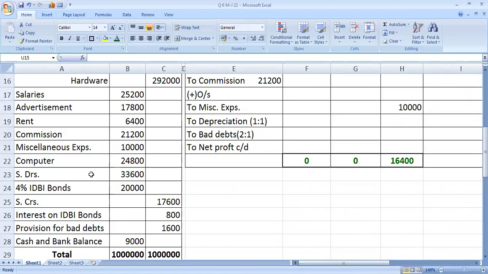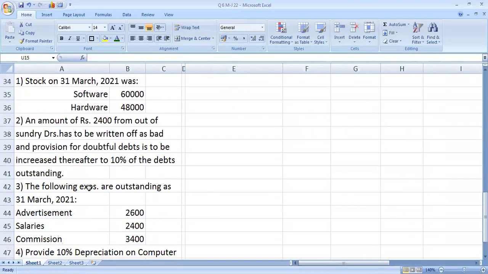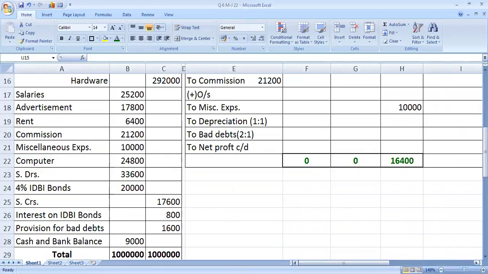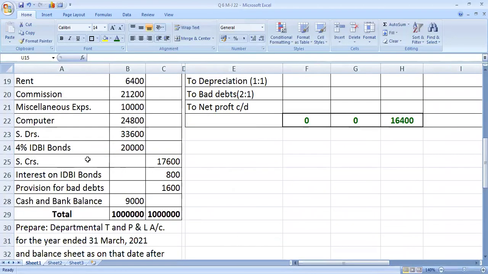Sundry debtors 33,600. There is an adjustment on sundry debtors also. Hence, it goes to the balance sheet asset side, inner column, sundry debtors 33,600.